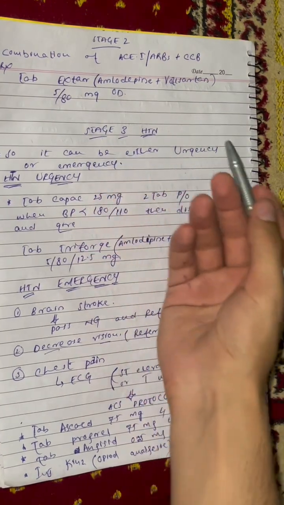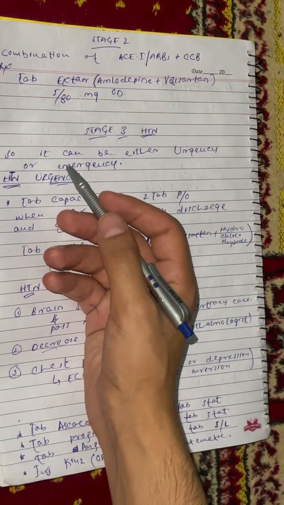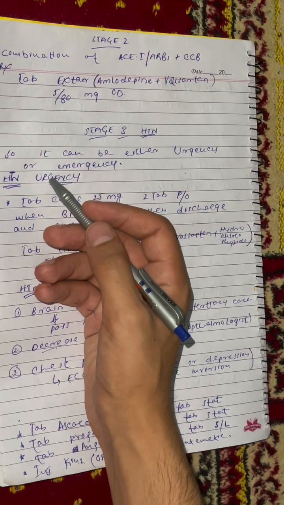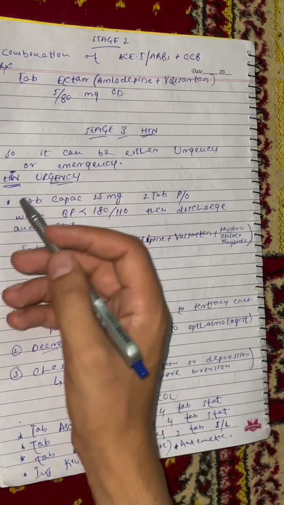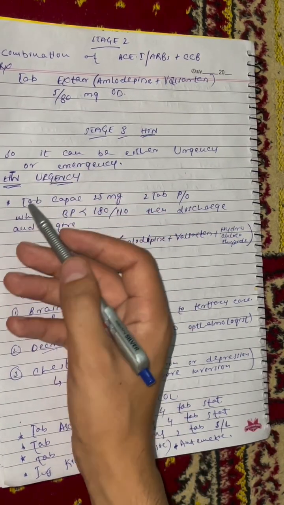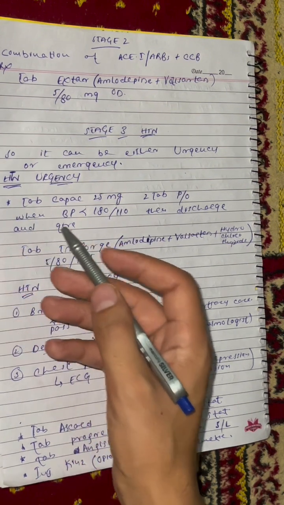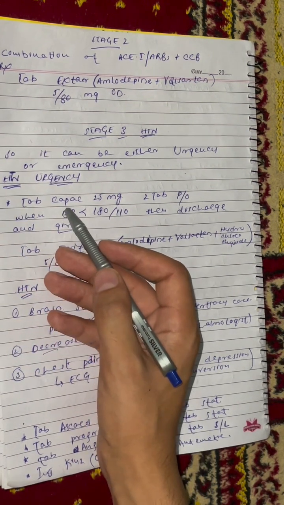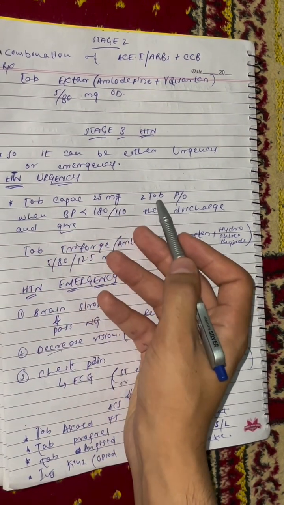Stage 3 hypertension management now. It can be either urgency or emergency, as we have discussed earlier. First of all, discussing hypertensive urgency. I will write Tab Capoten 25 milligram, 2 tablets per oral.